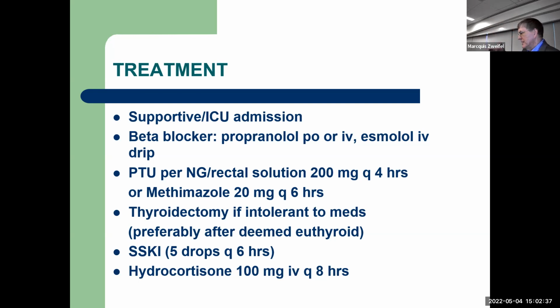You can only do that for 7 to 10 days before you have a rebound that gets you in trouble. So you've got to have surgery planned if you're going to put them on iodine. Hydrocortisone can also help, and that will also prevent the conversion to T3 and try and block some of the effects.